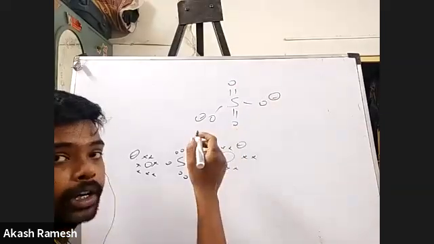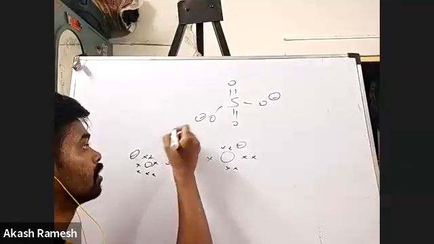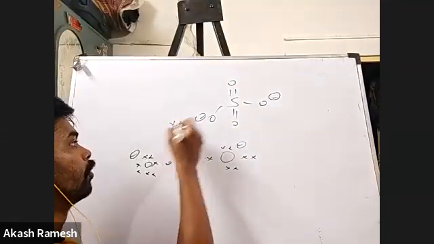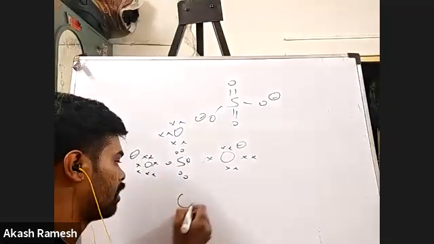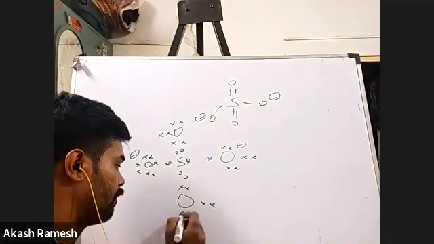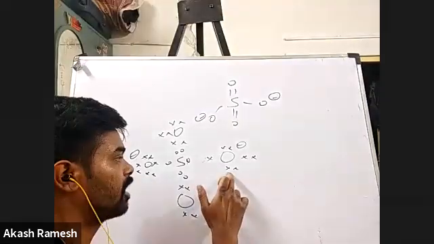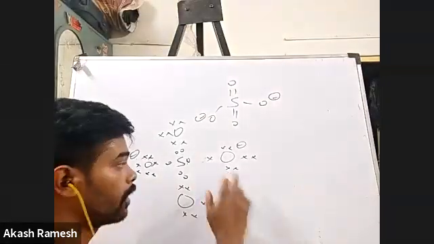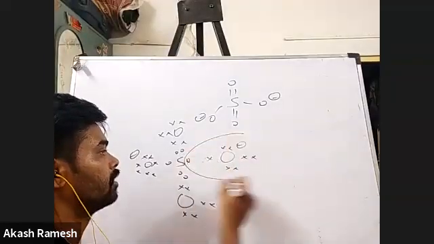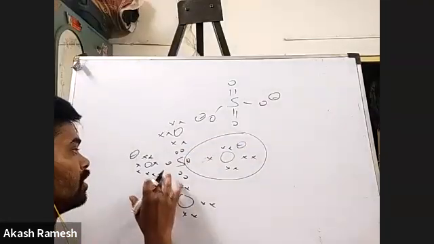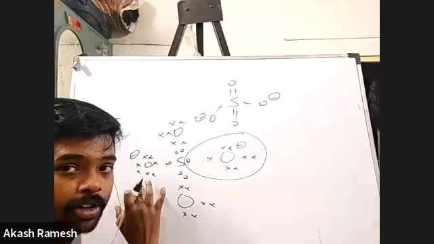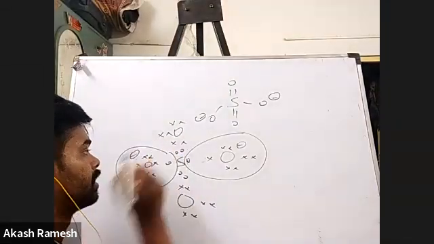Fine, so this is done. Now, there are two oxygen atoms which are neutral. They are going to have 6 valence electrons, 1, 2, 3, 4, 5, 6. Same way here. Now it's very simple. This oxygen atom requires one more electron to satisfy its octet, so it will take up this electron. Same goes with this one.